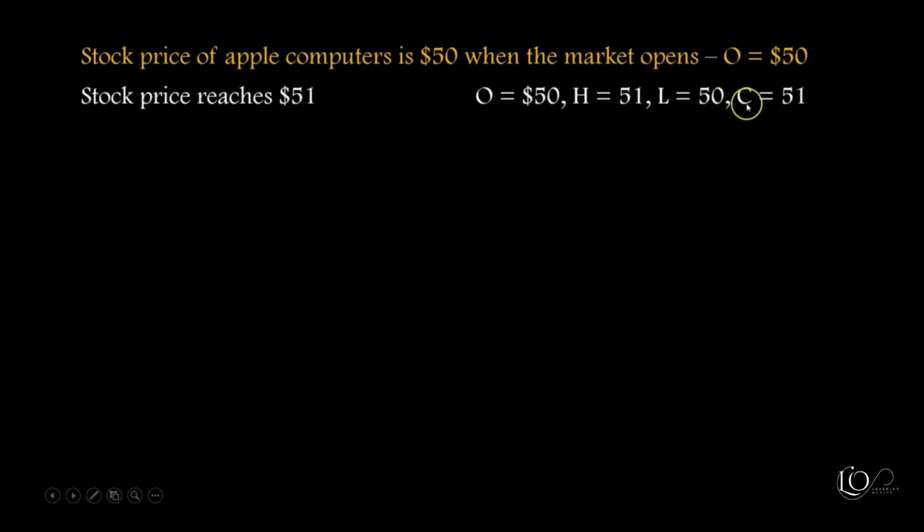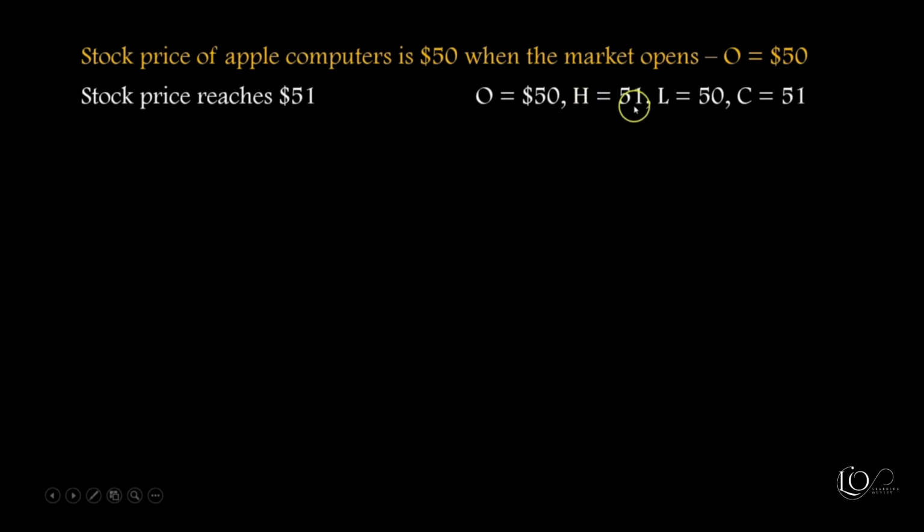The closing price is denoted by the C, so C equals 51. And during this time period, we only have two figures here. We have 50 and we have 51. So the highest possible price that this stock has gone up to during this time period is 51.